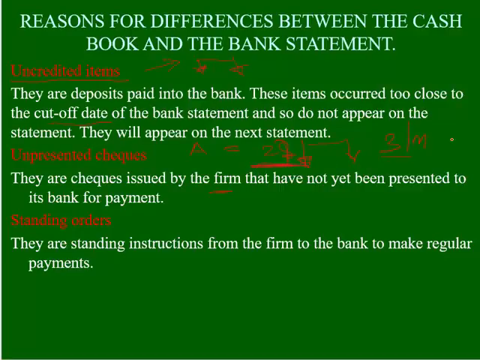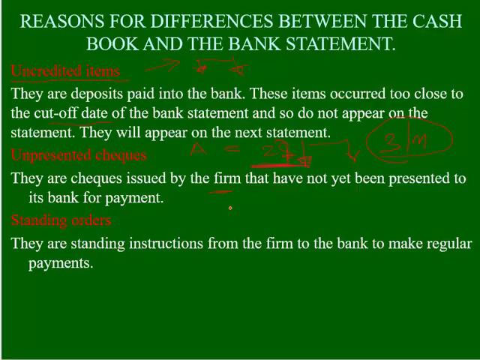That particular check you gave to Mr. A won't have been presented to the bank. However, you will have removed it from your own cash book by crediting your cash with the bank component of this particular item. So that is the example of an unpresented check.